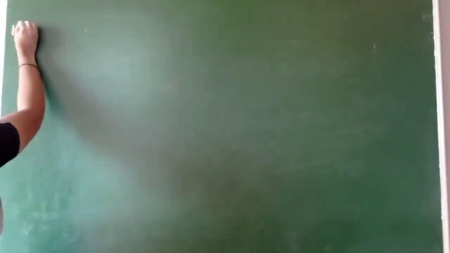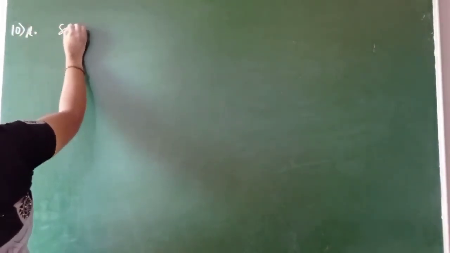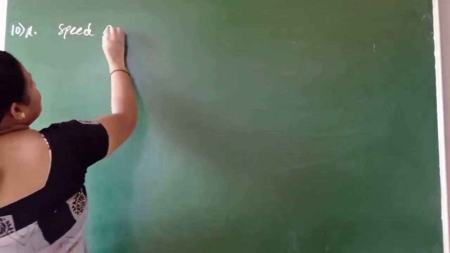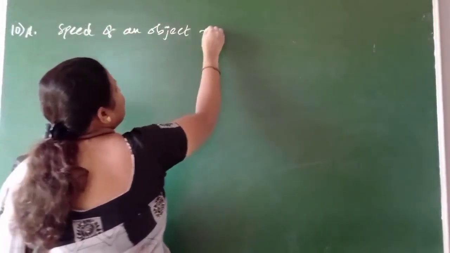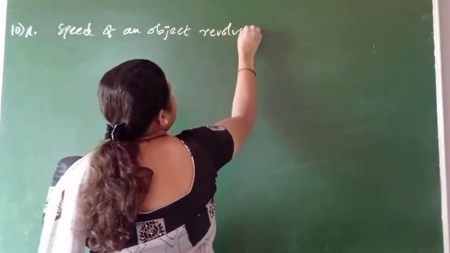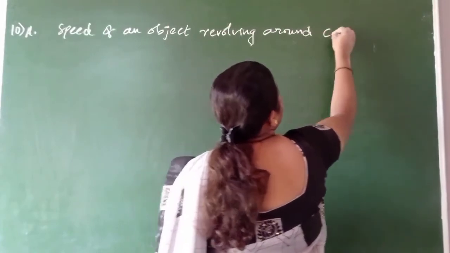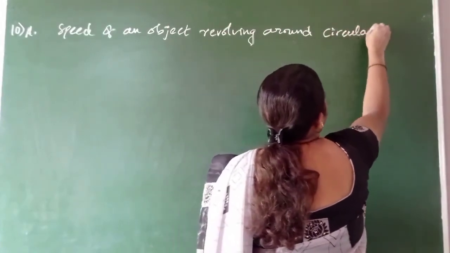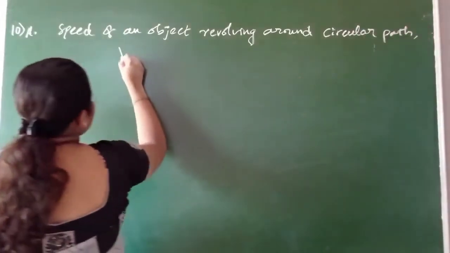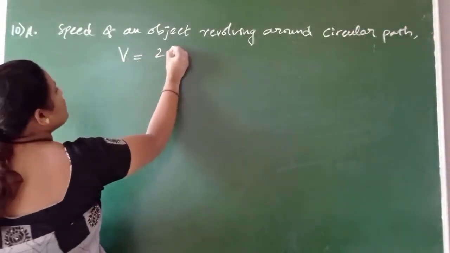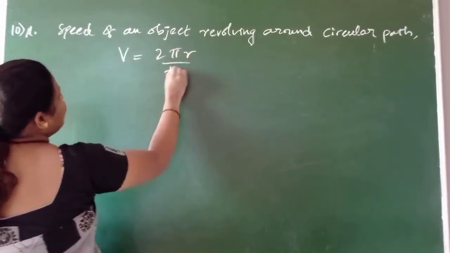This is the 10th question we are solving, that is, speed of an object revolving around a circular path can be given by the formula v is equals to 2 pi r divided by t, isn't it?